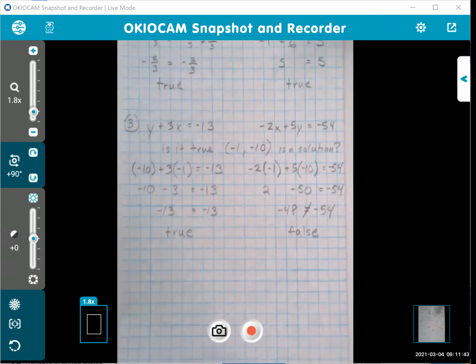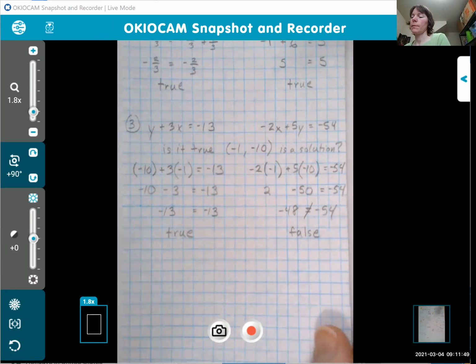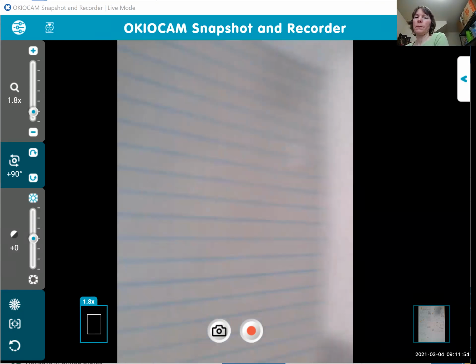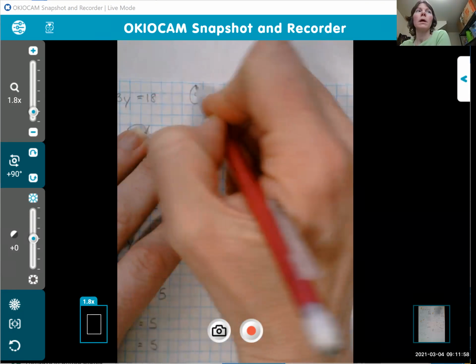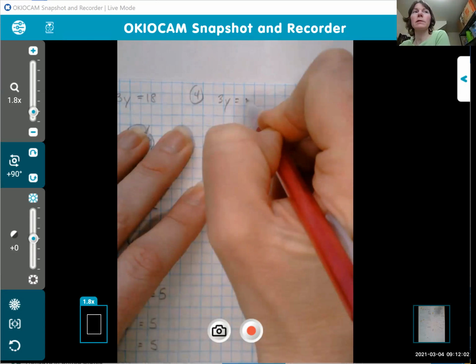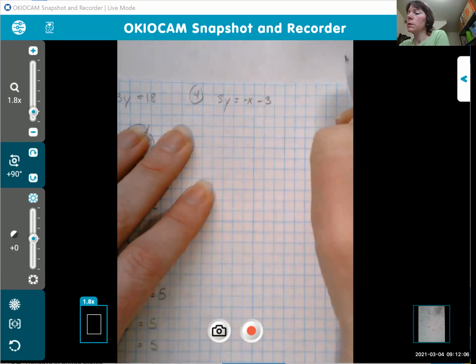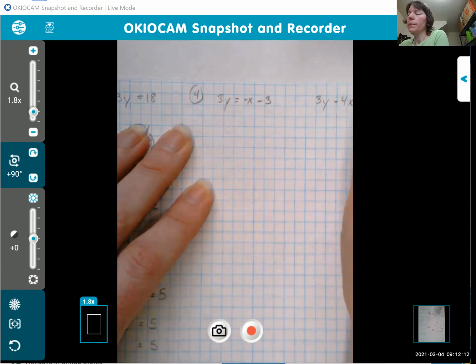And then I'm going to ask for some folks to help with the answer for it. Okay. And I'm going to do it on my other side of my paper over here. So number 4 is 3y equals negative x minus 3. And the second one is 3y equals negative 4x plus 12.